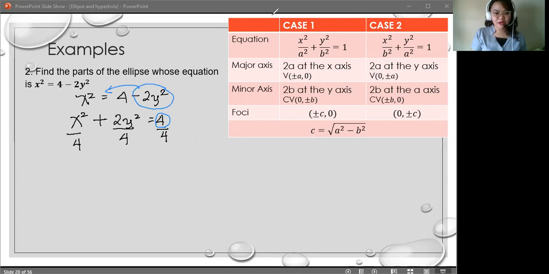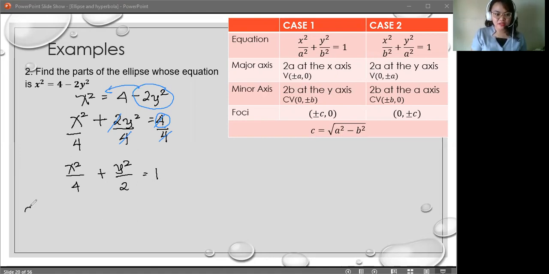We will divide by 4 and then we simplify. So this will be cancelled out and cancelled out. Our resulting equation would now be x squared over 4 plus y squared over 2 equals 1. And this is now our equation for this ellipse.